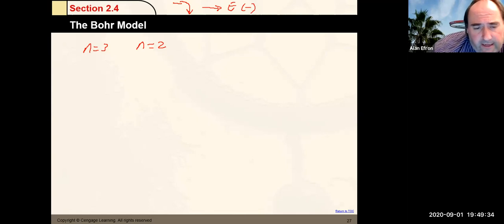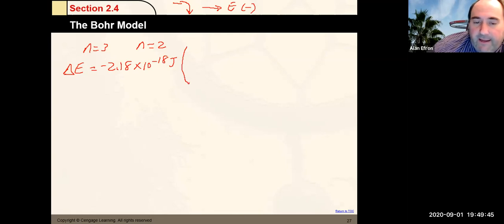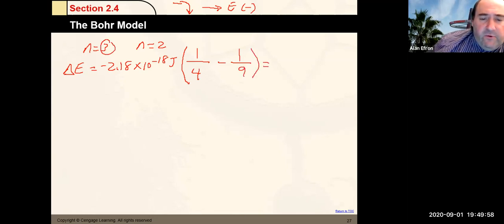And rolling through our calculation here, minus 2.18 times 10 to the minus 18, which again is a constant. That's Rydberg's constant, in case you ever need to find it by name. Our final here is going to be 2. So 2 squared will give us 4, minus 1 over our initial squared, which is 3. So that's going to be 9 in terms of squaring it.